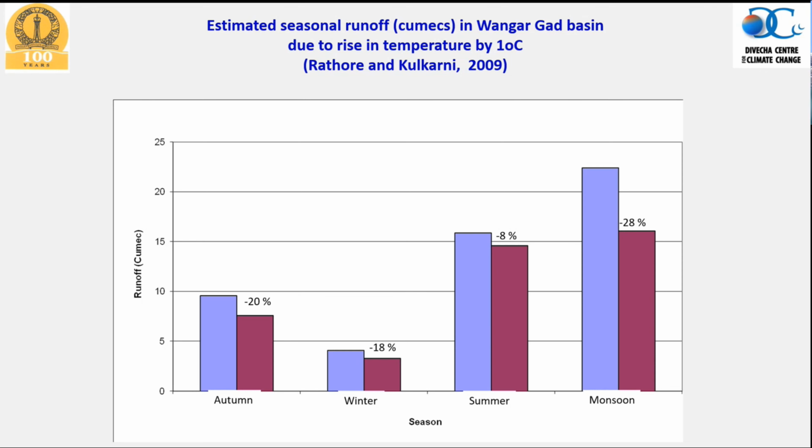But even then, monsoon runoff has significantly reduced. That clearly suggests that in monsoon time a significant amount of runoff is coming from glacier melt also.